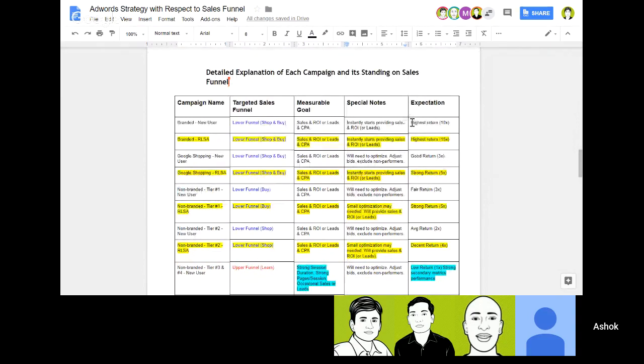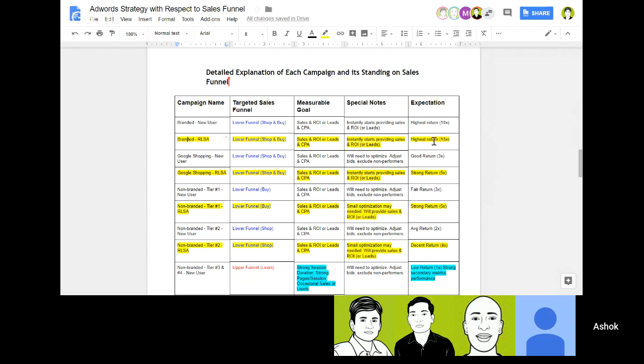Expectation: this outlines a rough idea about a given campaign's expected return. So here you can see highest return. Then branded RLSA, same thing, targeting the same funnel, instantly provides returns, highest return. If you notice, I have tried to give here a kind of return each campaign can probably provide you. Like branded new users most likely will give you more than 10 times return from your spend.